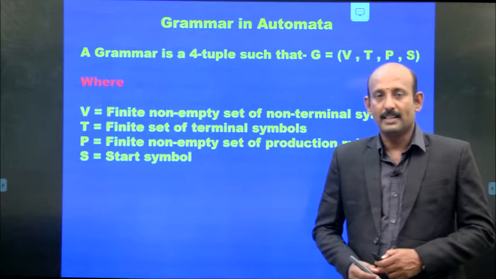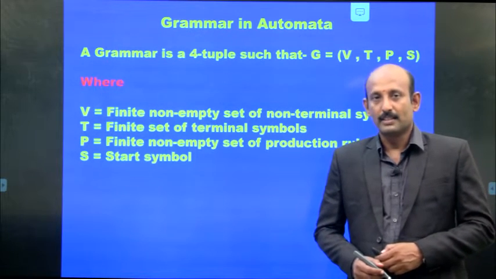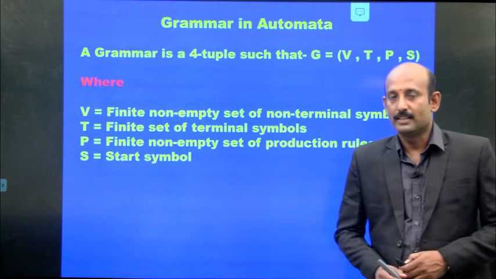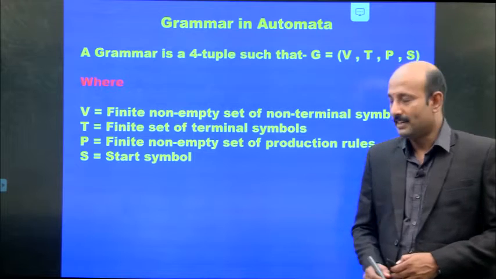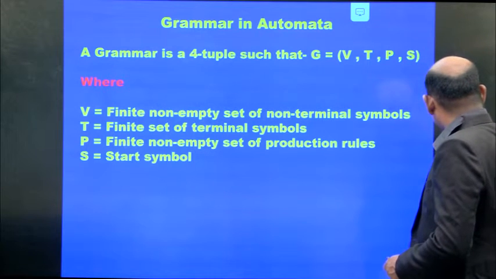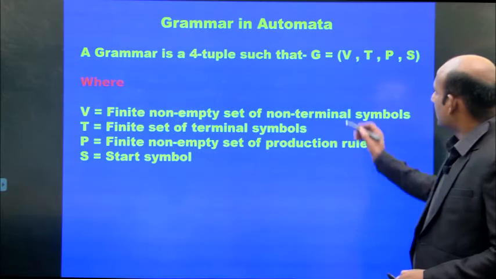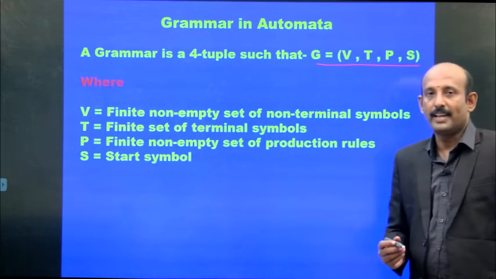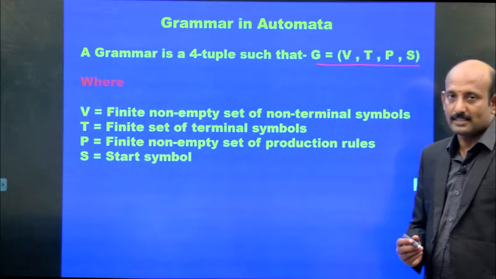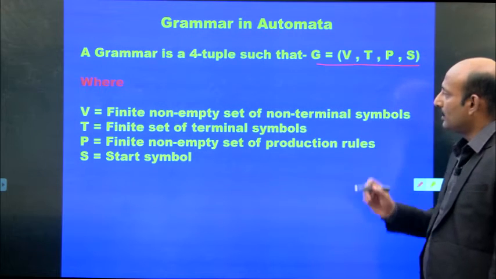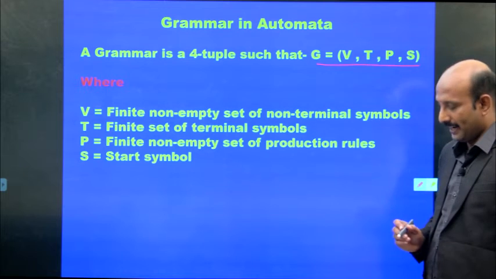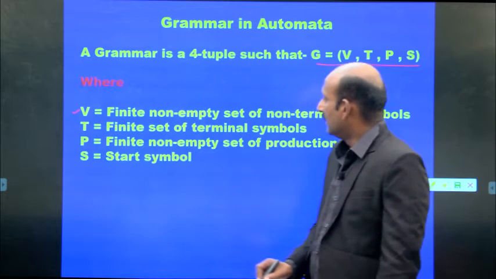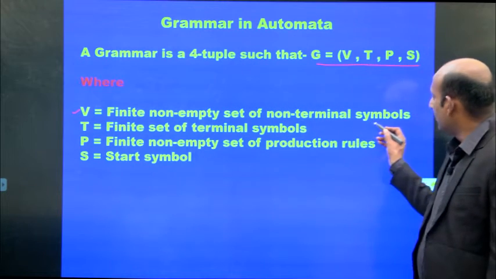Generally the grammar consists of 4 tuples, and the grammar is denoted as G, where G stands for grammar. G equals V, T, P, S. These 4 are the tuples V, T, P, S, where V stands for a non-empty set of non-terminal symbols.